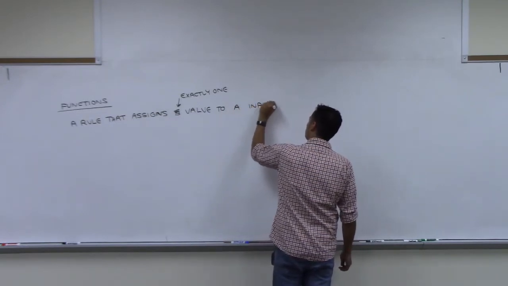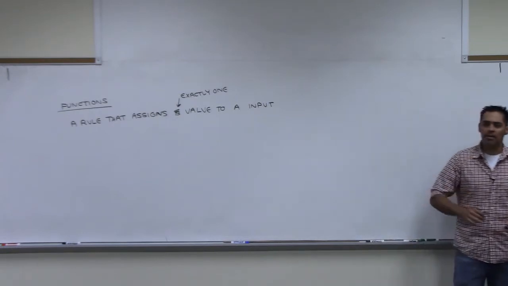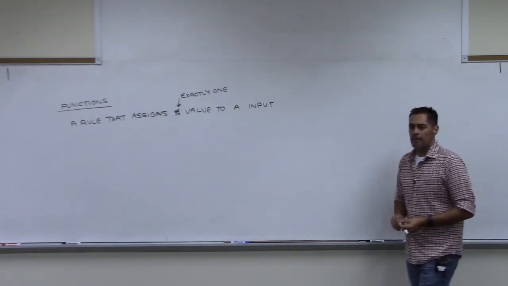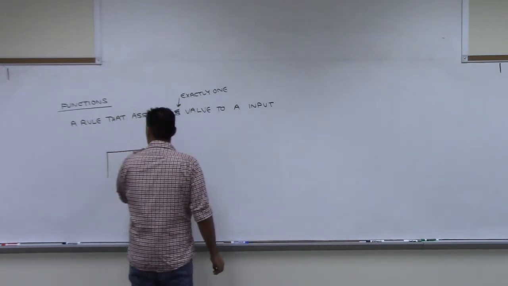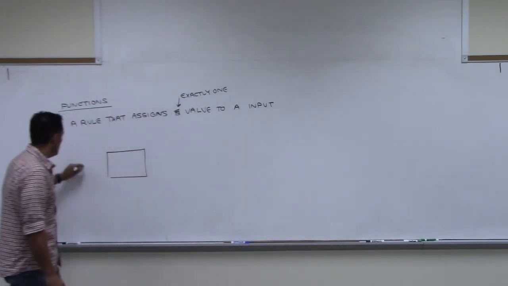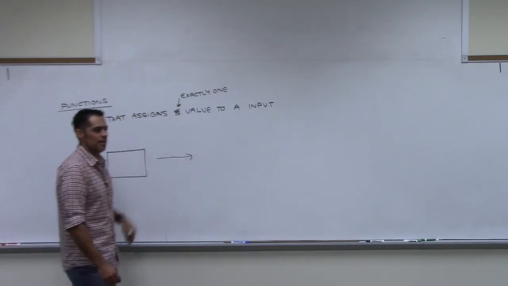This is a very loose definition of a function. It's a rule that assigns exactly one value to an input. And we have this classic picture. I don't know if you've ever seen something like this, where you have an input going into a little machine, and then it spits out an output, right?